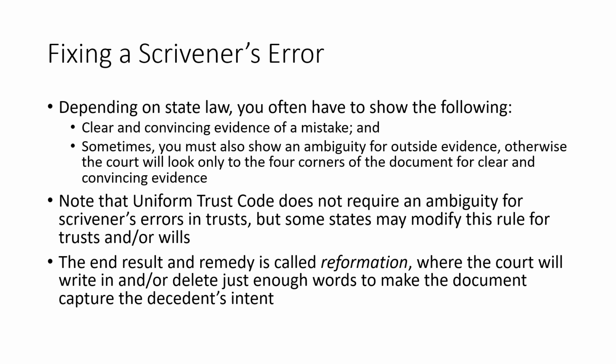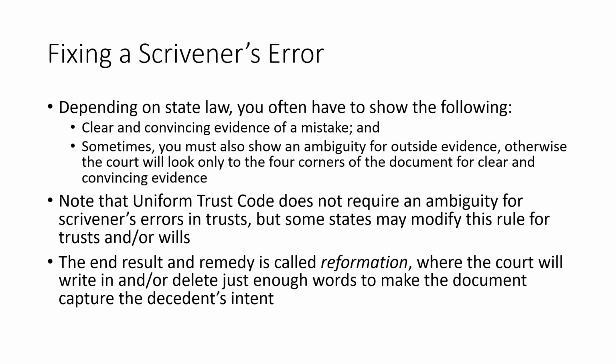Now, it's important to note that a showing of ambiguity isn't necessarily always required, especially under the Uniform Trust Code, but some states still may modify that rule and require a showing of an ambiguity for trusts and or wills.